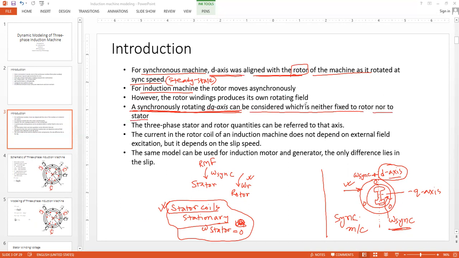We can't fix it in any place. Why? Because in the case of both the induction machine and the synchronous machine, the stator is stationary, right? Its speed is zero. There's no speed.